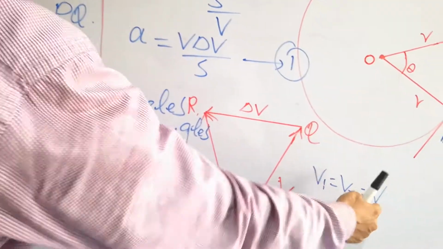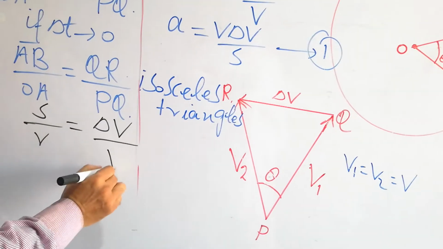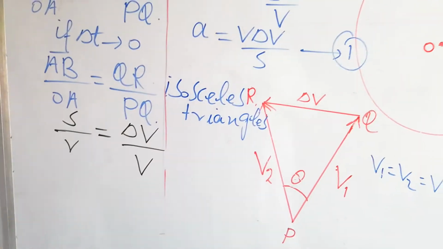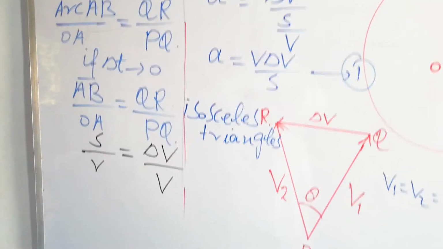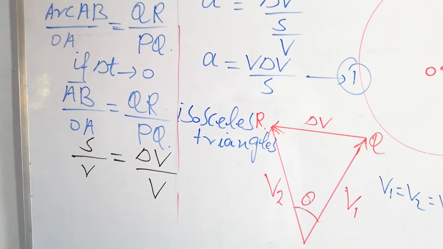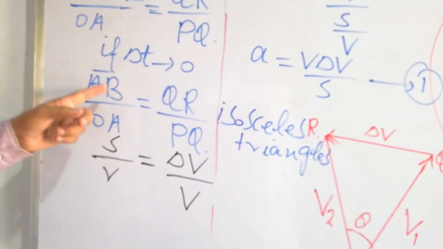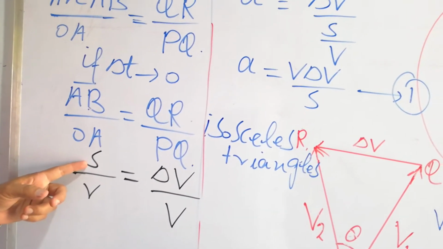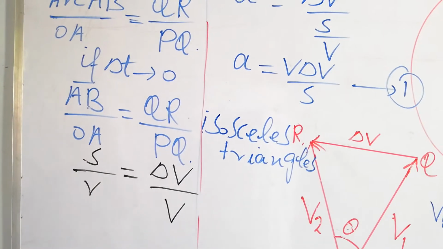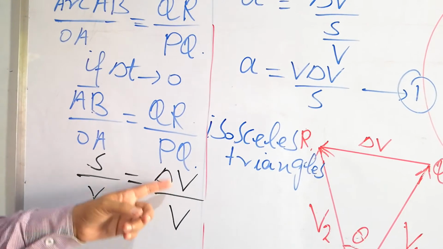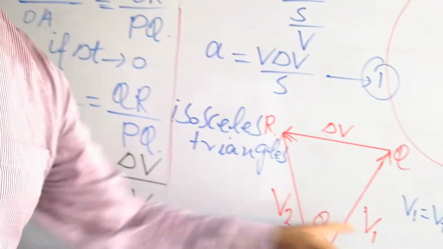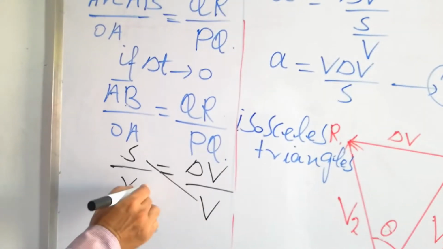PQ, V1, V2 is equal to V. So that is equal to V. So S over V, AB, that is the linear distance denoted by S, R is the radius of the circle, QR is equal to delta V, PQ, that is V1, V2 is equal to V. And you just cross multiply.